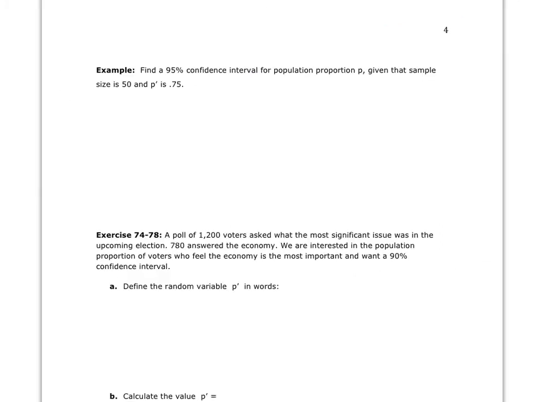Okay, let's find a 95% confidence interval for population proportion given a sample size of 50 and P prime of 0.75. So we're filling in P prime plus or minus a Z value, and because we have a confidence level of 95%, that means alpha is 0.05.